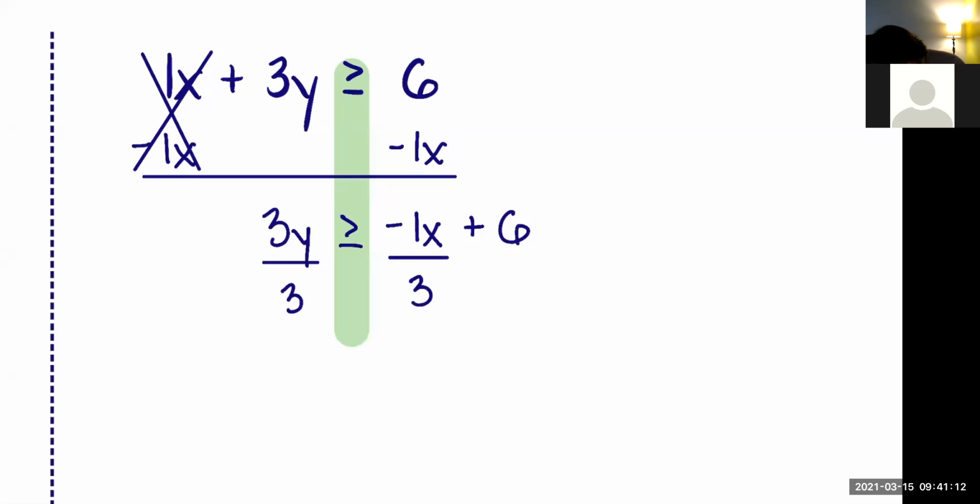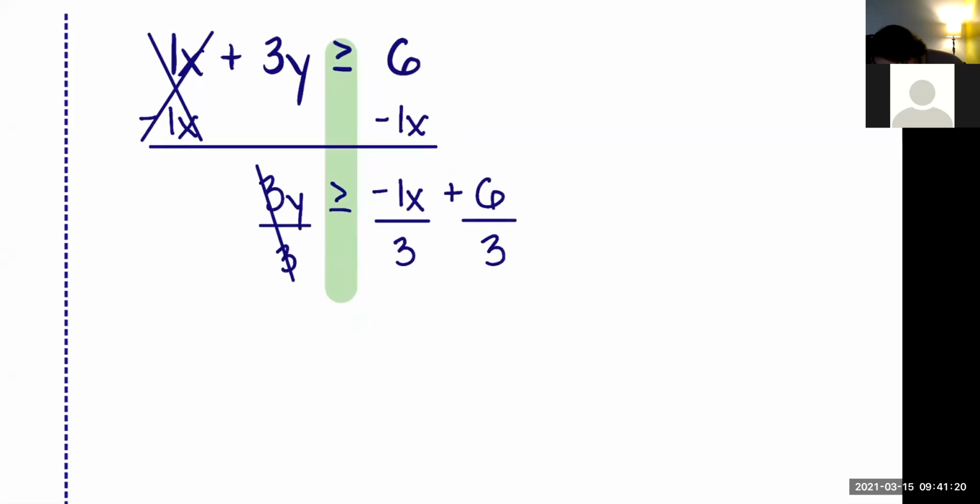Now, is my sign going to flip? No, not dividing by a negative this time. So the greater than or equal to sign is safe here. It's going to stay greater than or equal to. So I have y is greater than or equal to -1x divided by 3, which is going to stay -1/3 x.